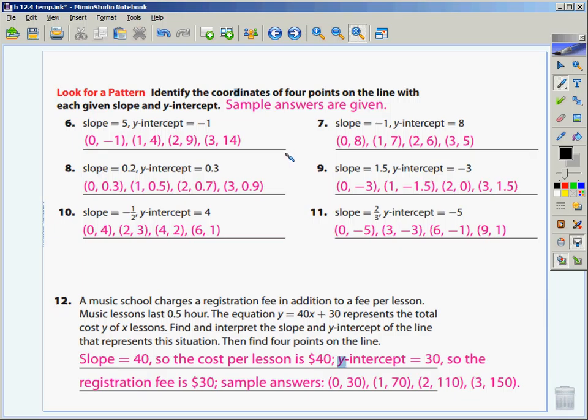For 6 through 11, I really recommended that you write down y equals mx plus b, so it would be 5x minus 1. And they used the points 0, 1, 2, and 3.